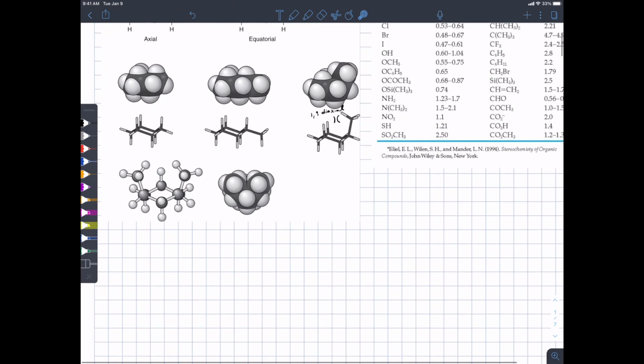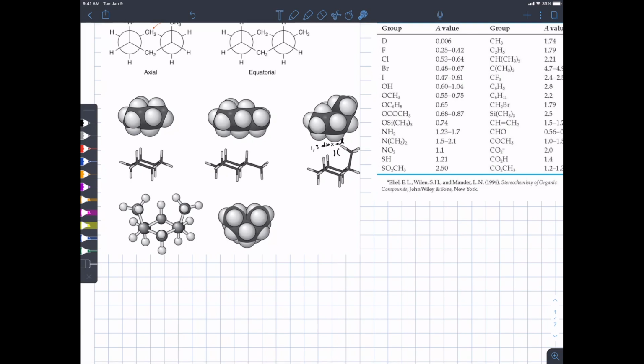Yeah. So obviously equatorial is more stable than axial, but when it comes to the A value, is that for an equatorial group or for an axial group, or just a combination? That's the difference in free energy between axial versus equatorial. So if you set the equatorial conformation to 0, the axial is this much higher than that. Yep. And for the most part, in OChem, we care about energy differences.